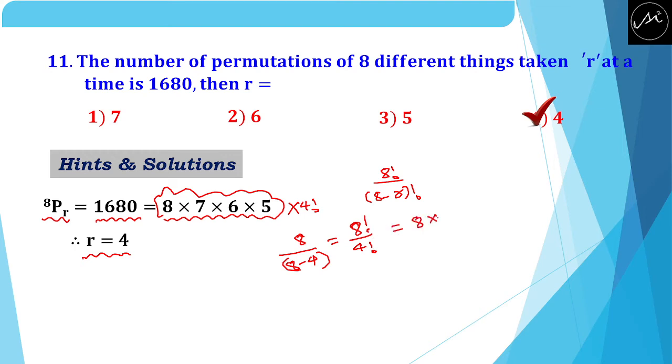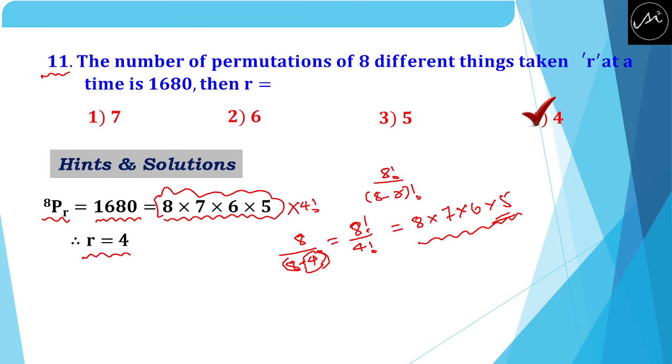Now this will be converted into 8 into 7 into 6 into 5. So that is r equal to 4. R equal to 4 will be the correct answer. Clear? So option 4 is the correct answer.